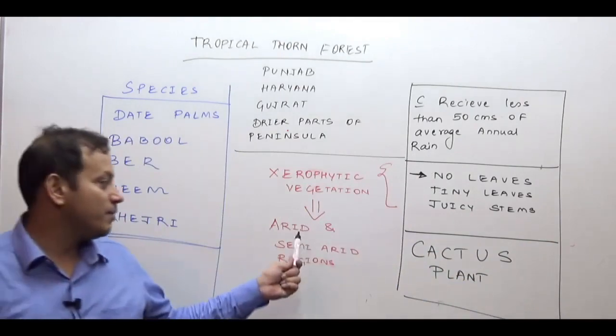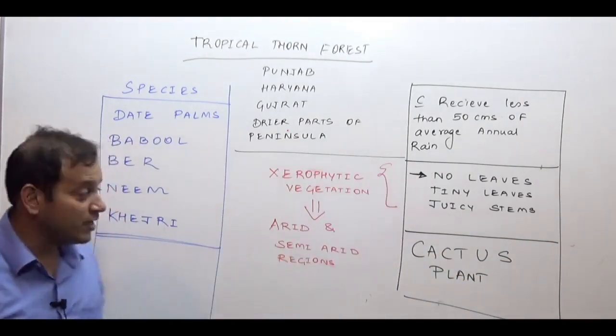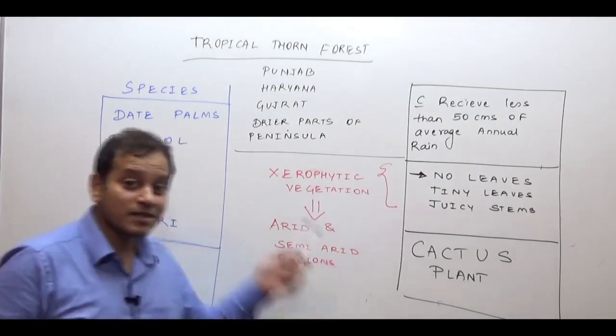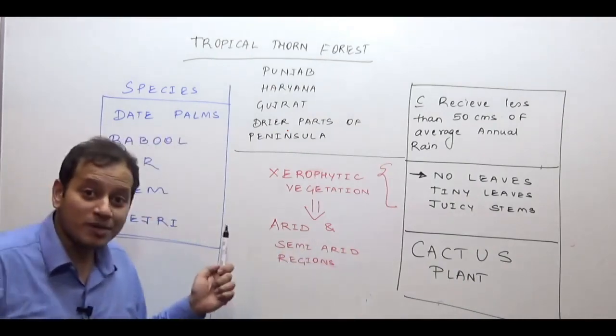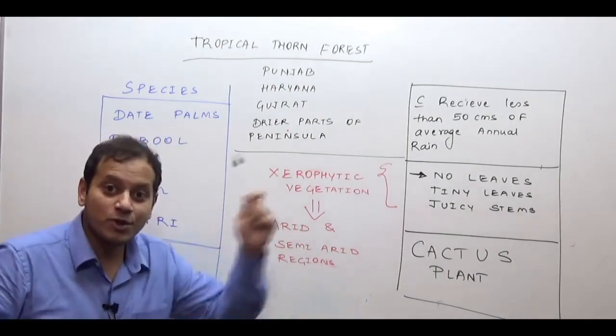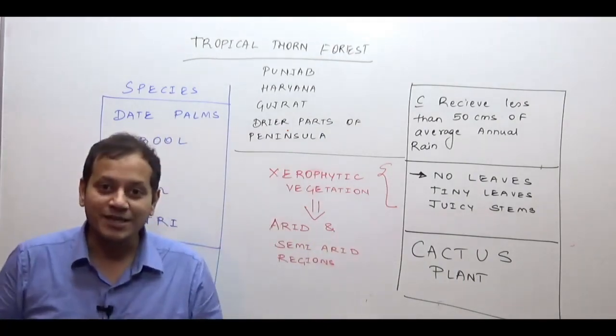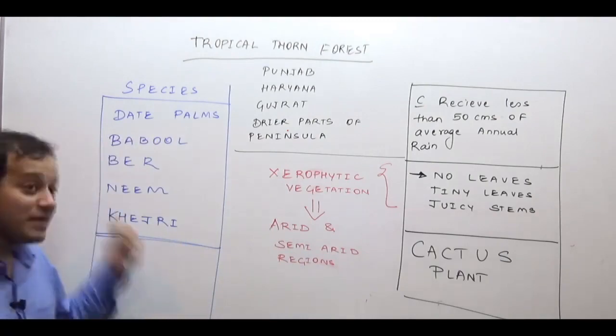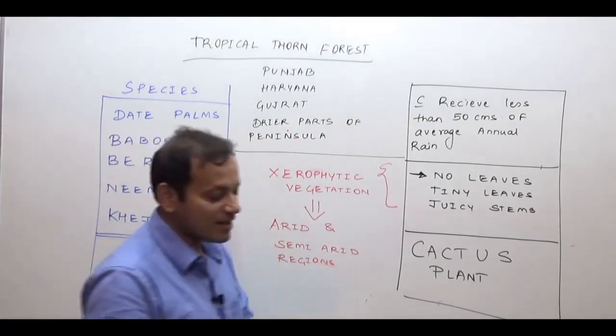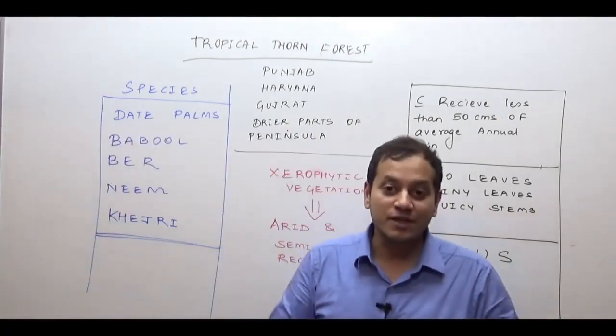So it is a plant of arid or semi-arid, generally of an arid region. The other important plants are date. Babool, remember your toothpaste, Babool toothpaste, tropical thorn forest. Do bear trees have thorns or not? So bear, neem and khejri, these are the important trees of this region.